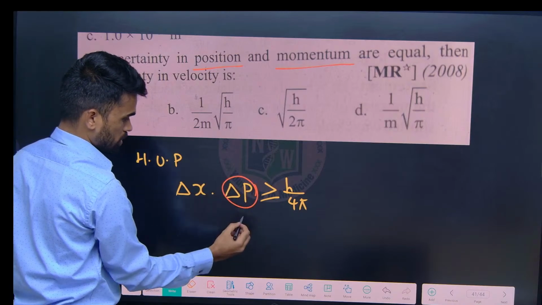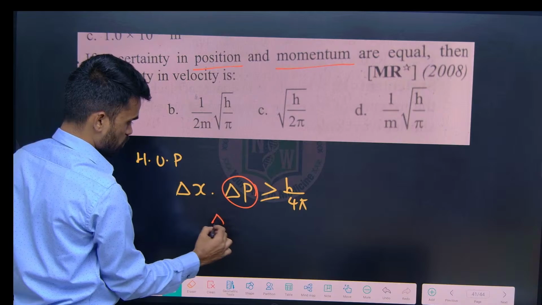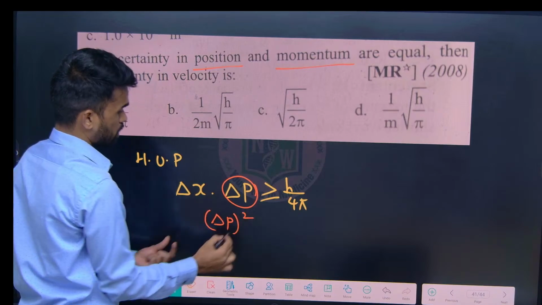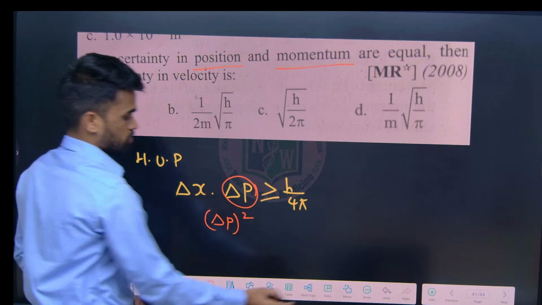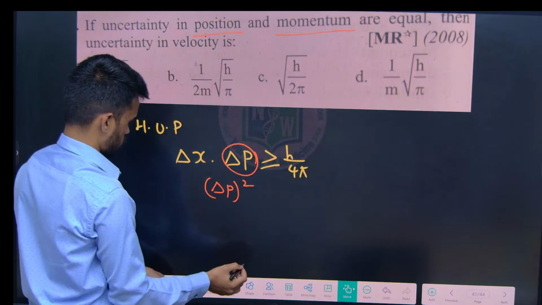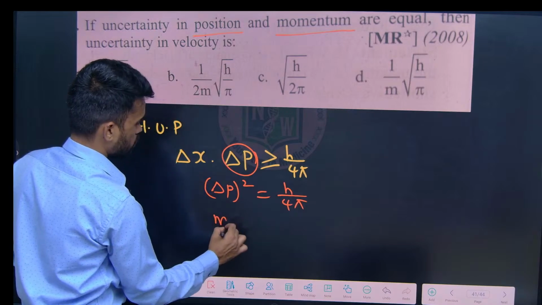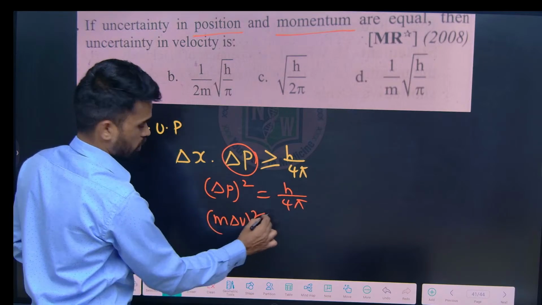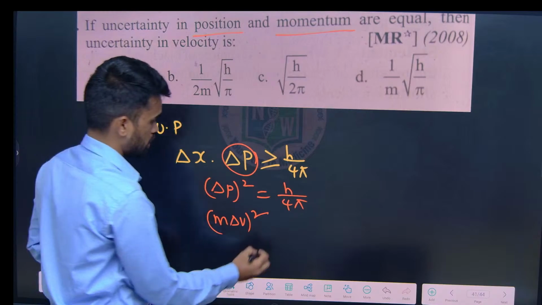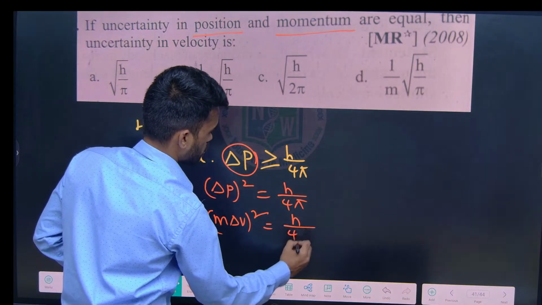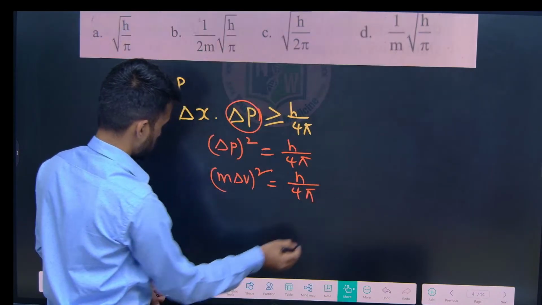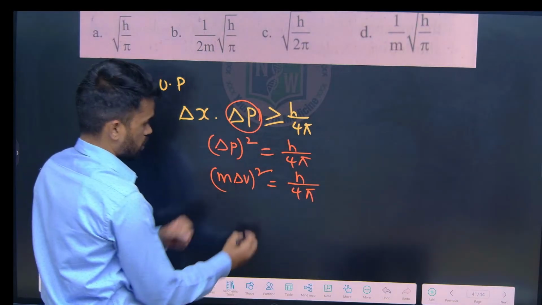Now what they are saying: uncertainty in position and momentum are equal, and asking for velocity. See, momentum and position uncertainties are equal, so let us say momentum square. Why? Because in momentum only we will get velocity. So it will be 1 by 2m root over h by pi. So this will be m delta v, mass into velocity change. Next, we have to substitute this.